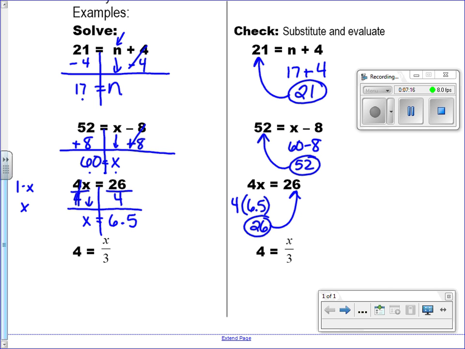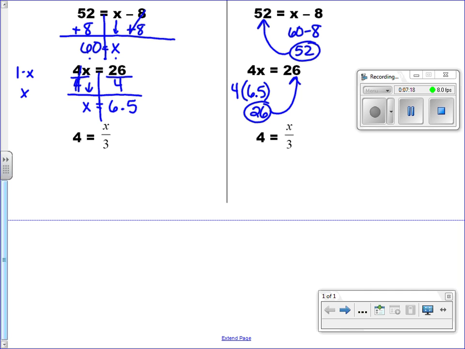Okay, finally, I have 4 equals x divided by 3. Remember we were talking about the multiplicative inverse, the inverse property of multiplication. This is why we use the inverse property of multiplication for a problem just like this. Quick explanation, x over 3 is the same as saying x times 1/3.